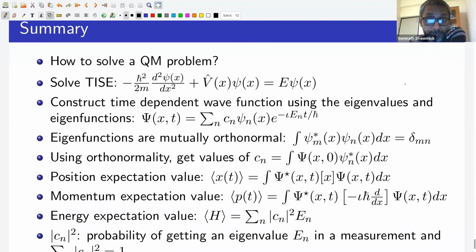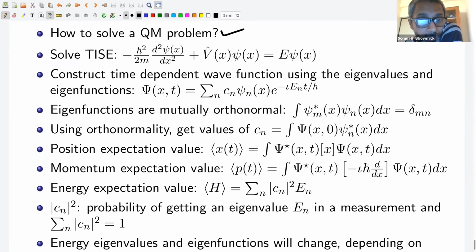Let me summarize whatever we have done in the lecture. So, how do we solve a quantum mechanics problem? First step is you solve the time independent Schrödinger equation. You solve for eigenfunctions as well as eigenvalues. Now, using the eigenfunctions and eigenvalues, you construct the time-dependent wave function, which is given by this.